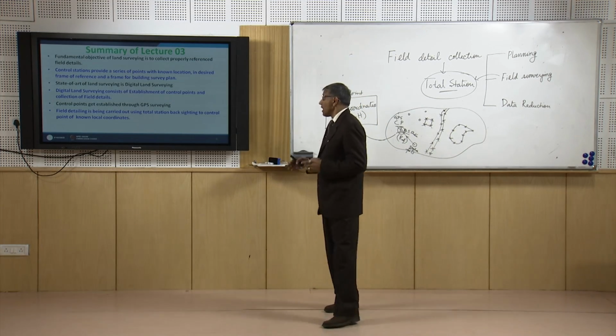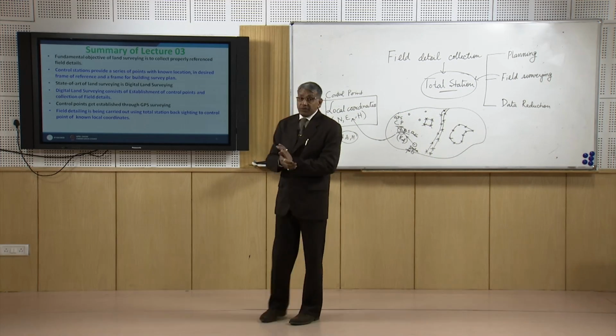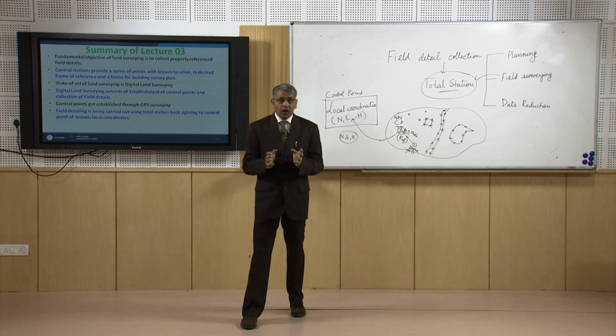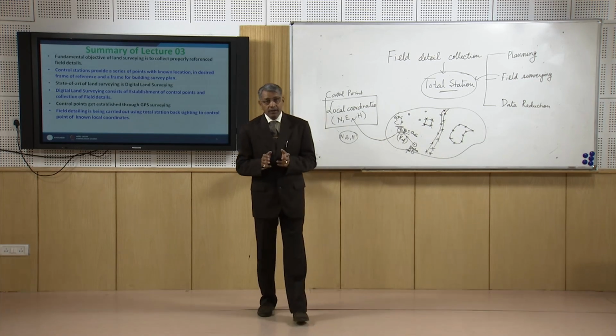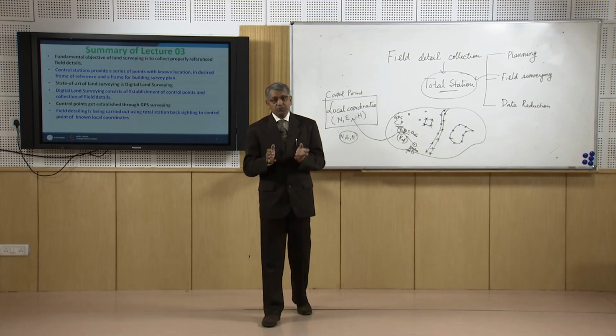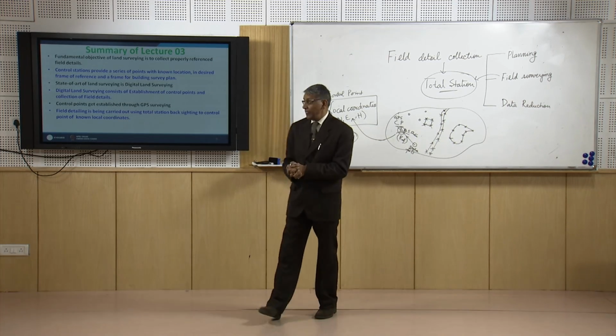So with this I would like to conclude today's class. However, let me summarize the class. The fundamental objective of surveying is to collect geospatial data from the surface of the earth and then to prepare a map.